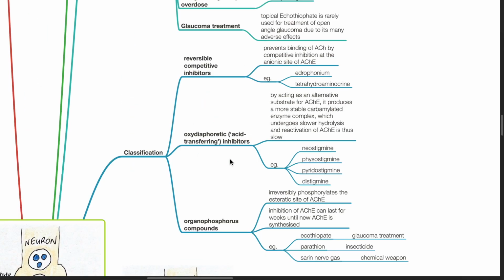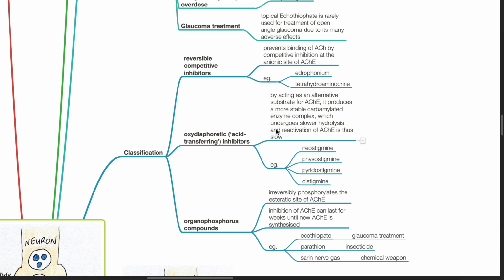Classification of anticholinesterases. They are classified as reversible competitive inhibitors, carbamate inhibitors, and organophosphorus compounds. Examples of reversible competitive inhibitors include edrophonium and tetrahydroaminoacridine. They prevent binding of acetylcholine by competitive inhibition at the anionic site of acetylcholinesterase.